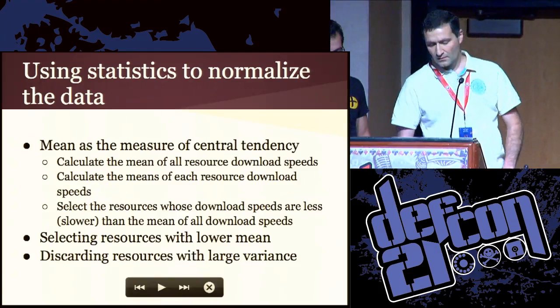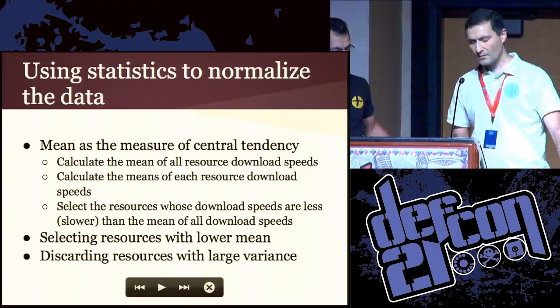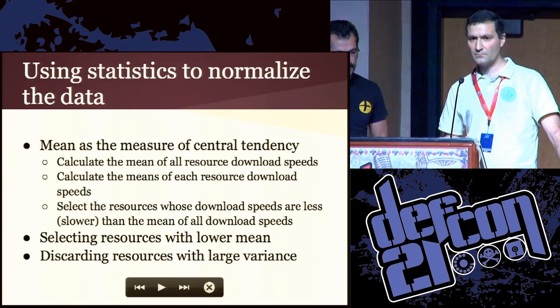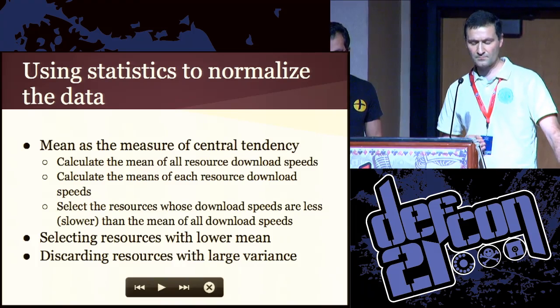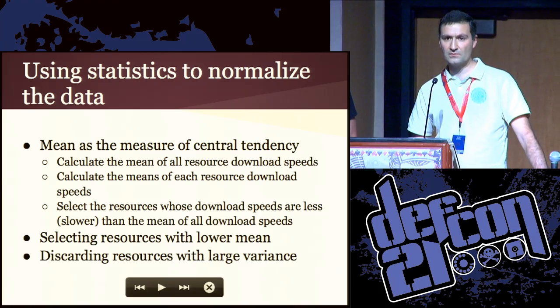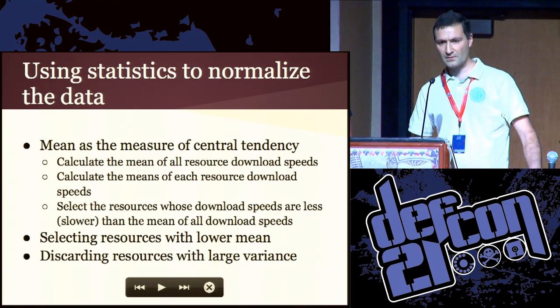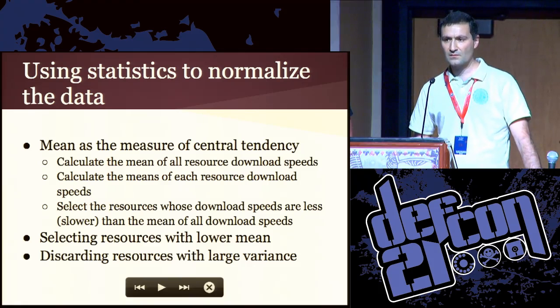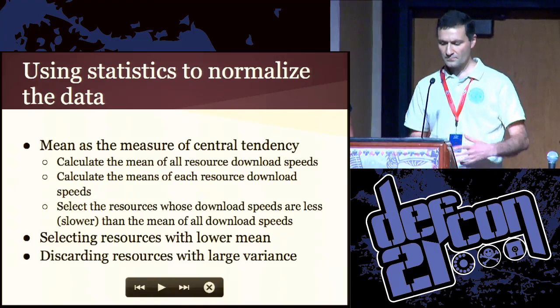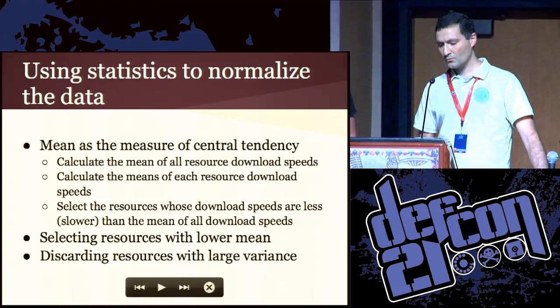To formalize this, we used the mean as the measure of central tendency, and we calculate the standard deviation. The resources that have high standard deviation are inaccurate, in that they can be fast or they can be slow, but we can't really tell. So we throw them away.